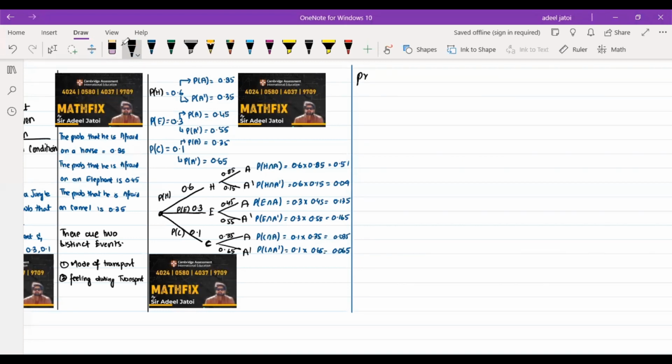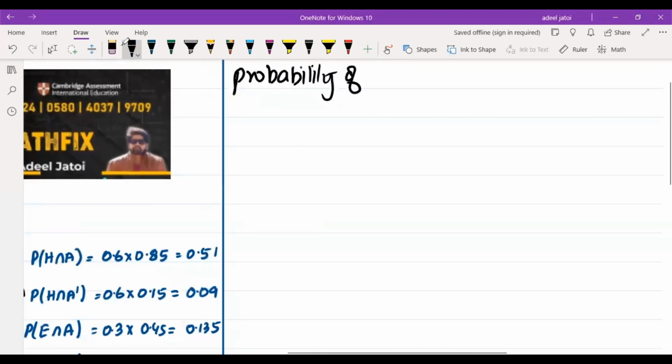Let's say probability of being afraid. Now, when we talk about probability of being afraid, the question does not say anything related to any particular event here.